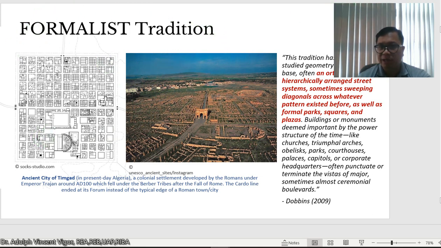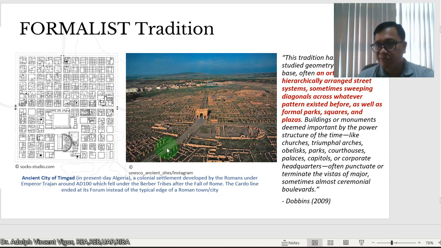If you look here at the ancient city of Timgad, you have buildings or monuments deemed important by the power structure of that time. You look here, the churches, triumphal arches, obelisks, parks, courthouses, palaces, capitols, or corporate headquarters often punctuate or terminate the vistas of major, sometimes almost ceremonial boulevards.